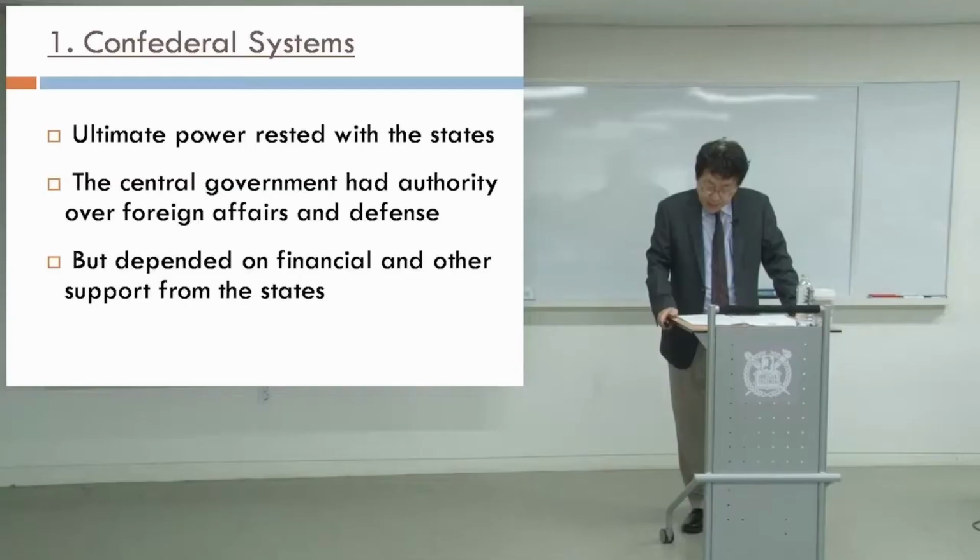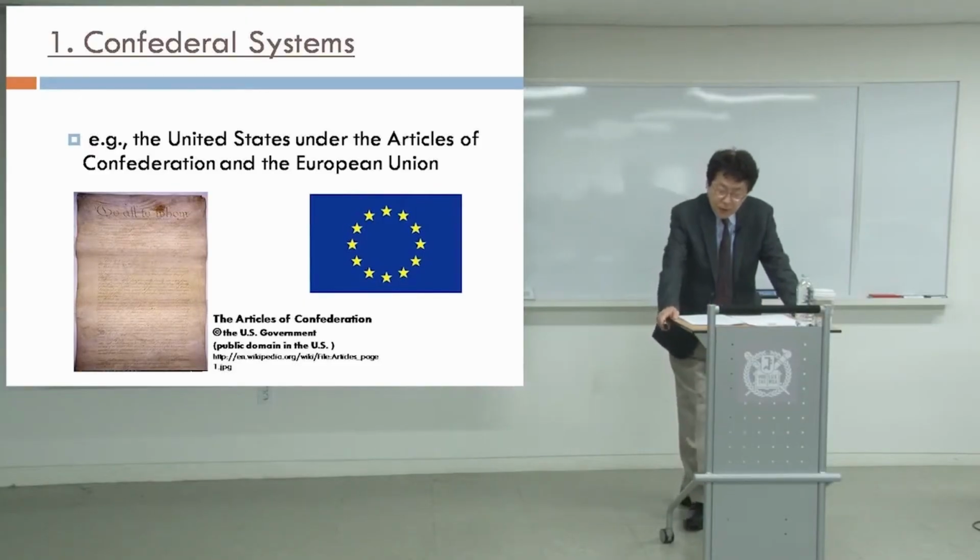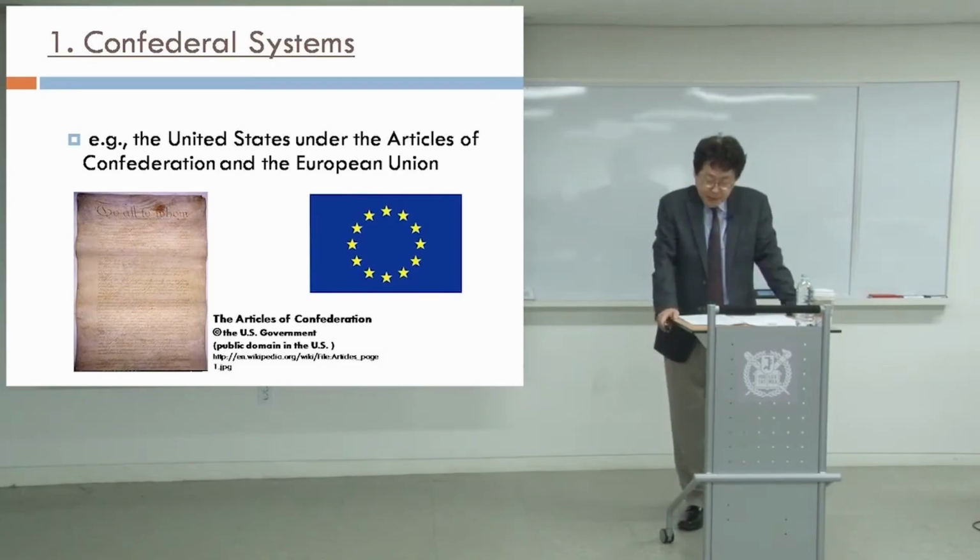And the central government had authority over foreign affairs and defense, but depended on financial and other support from the states. And the United States, under the Articles of Confederation, was a confederal system, meaning that states had power and resources, and the central government was weak.